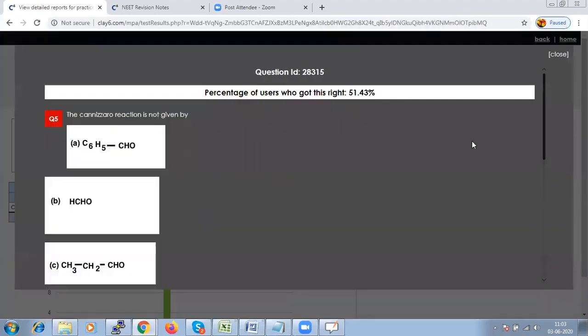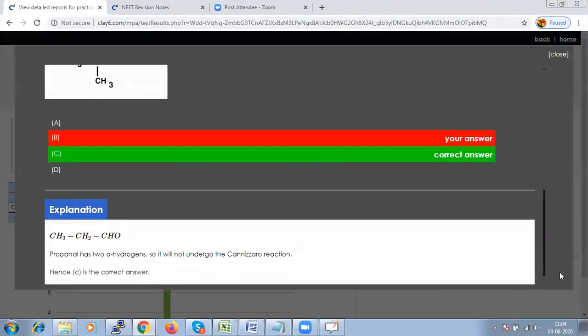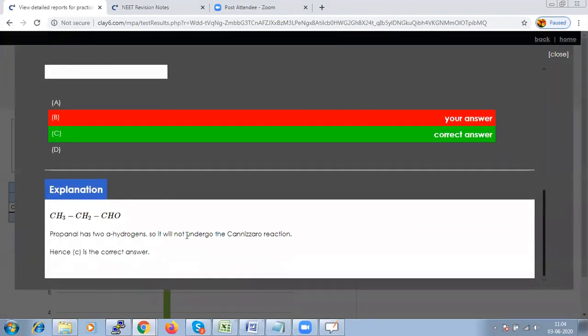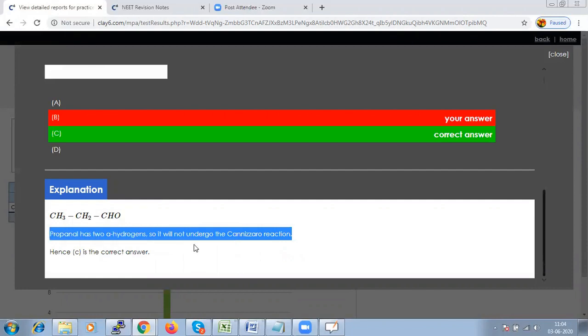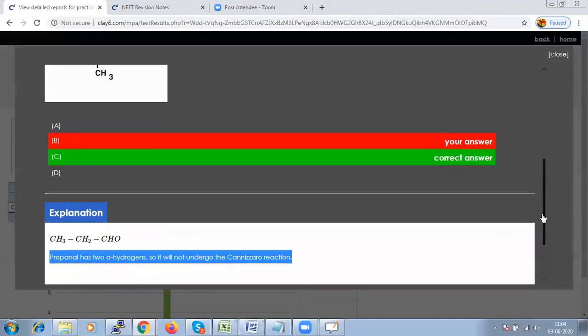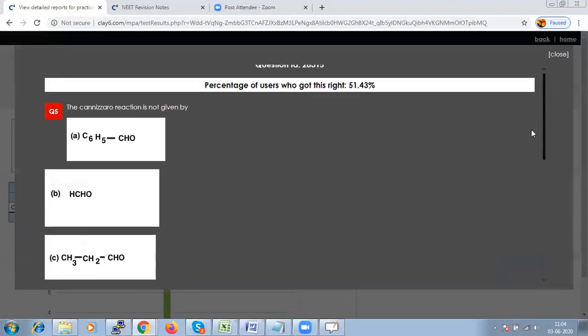The Cannizzaro reaction is not given by this one. Propanal will have 2 alpha hydrogens. That is why it will not undergo the Cannizzaro reaction, because the Cannizzaro reaction is undergone only if there is no alpha hydrogen. Hence, option B should be the right answer.